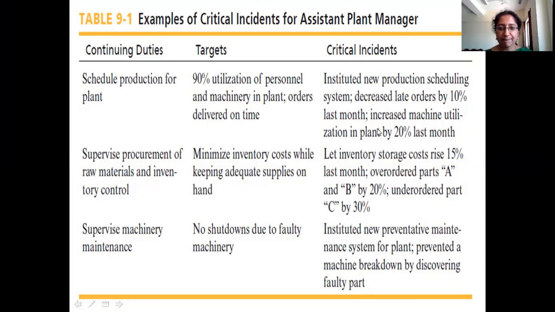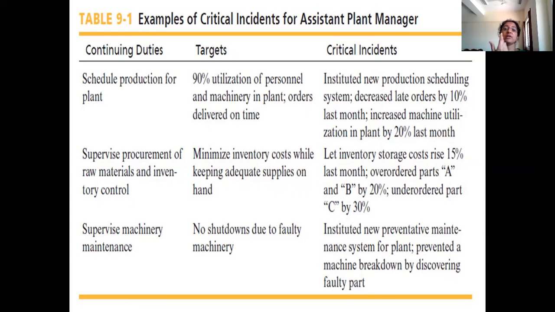The second critical incident noted for the assistant plant manager is that he has let inventory storage costs rise by 15%, over-ordered part A and part B by 20%, and has not ordered sufficient quantities of part C. So this is one example of a negative incident pertaining to the assistant plant manager's work.